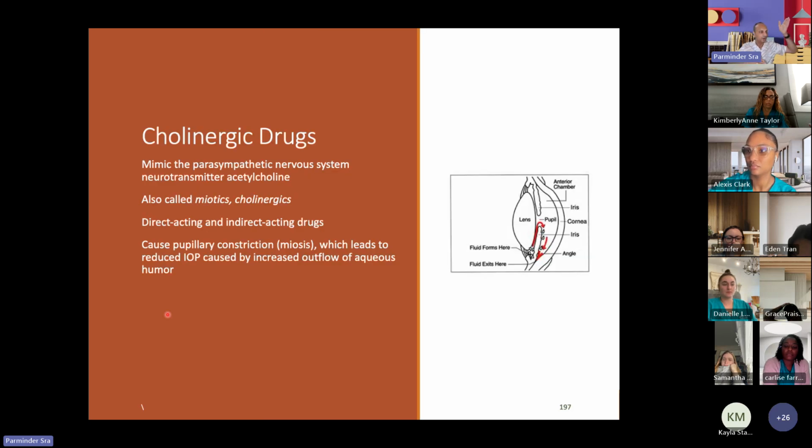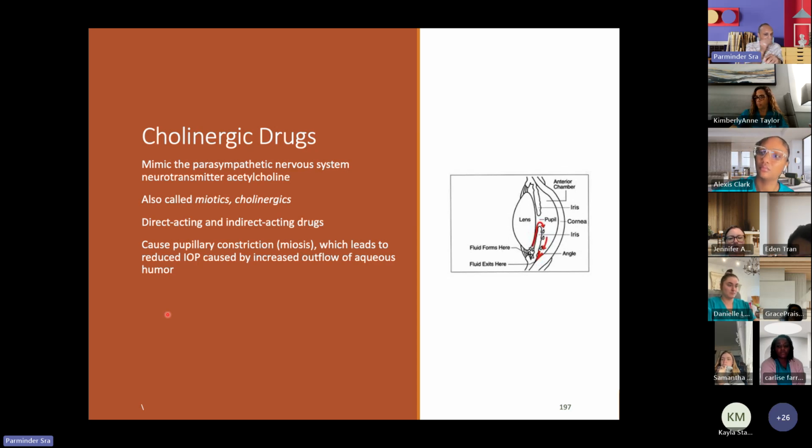Cholinergic, remember, cholinergic, anticholinergic. Anticholinergic, like Benadryl, makes you slow, sleepy, drowsy, dry. Cholinergic makes more secretions, wet, wet, wet. Cholinergic drugs are also called parasympathomimetic agents. They're used for glaucoma to reduce the intraocular pressure.